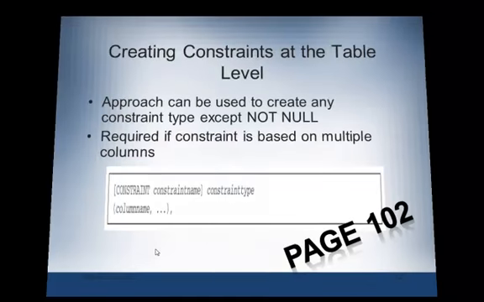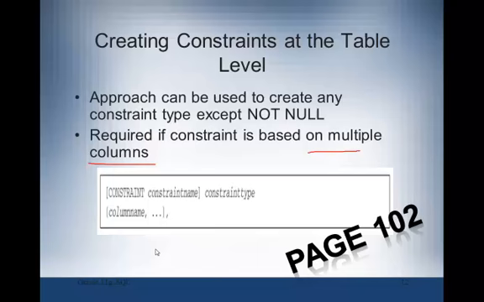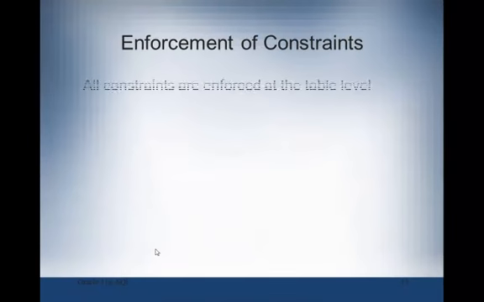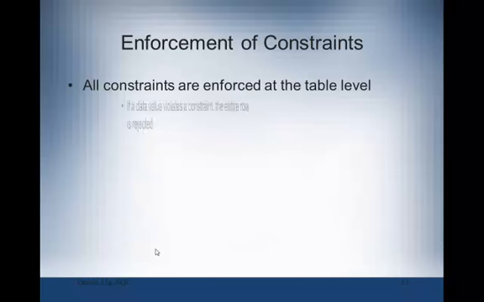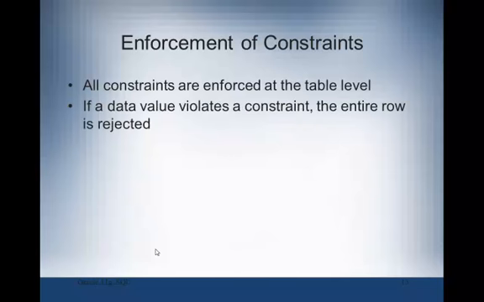Okay, enforcement of constraints. I'm sorry, I went backwards. Enforcement of constraints. All constraints are enforced at the table level. They can be created at the column level or the table level, but they're enforced at the table level. If a data value violates a constraint, the entire row or record is rejected.